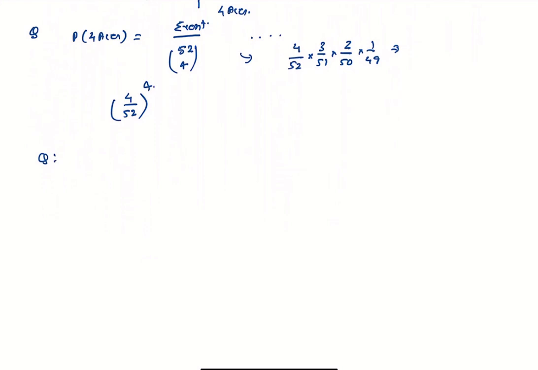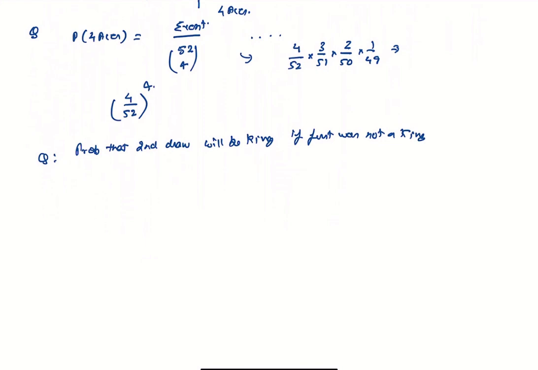The other question is, draw 2 cards out of 52. What is the probability that the second draw will be a king if the first was not a king?